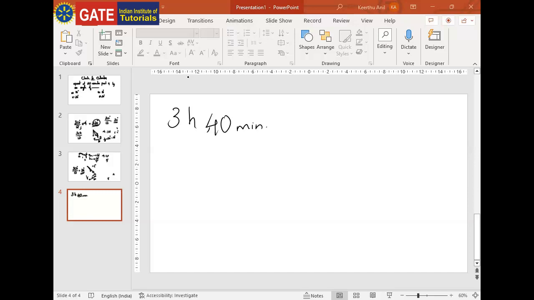If we need the actual time, the actual time will be equal to 12 minus the mirror time. So, 12 minus the given time. The given time is how much? 3:40, right?